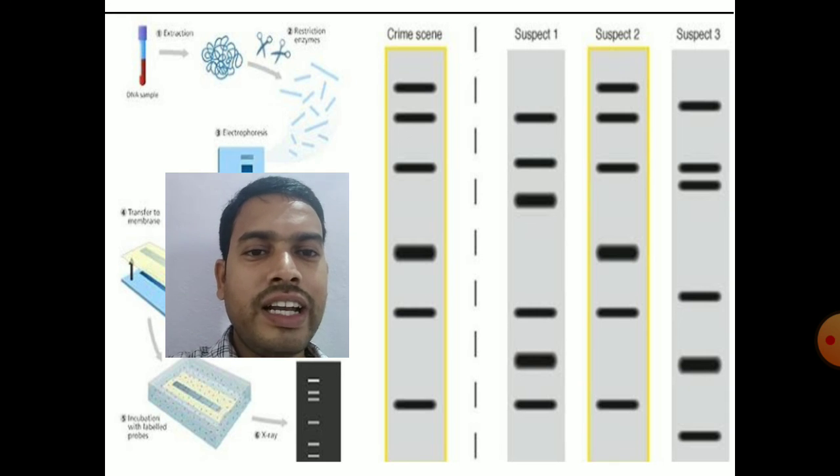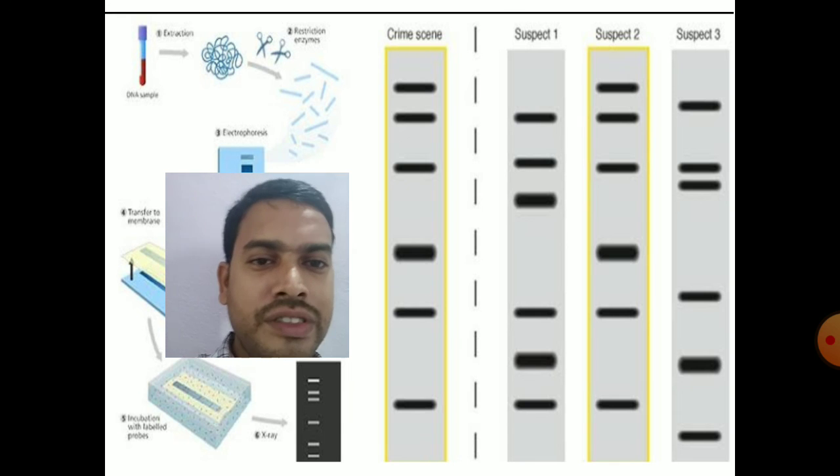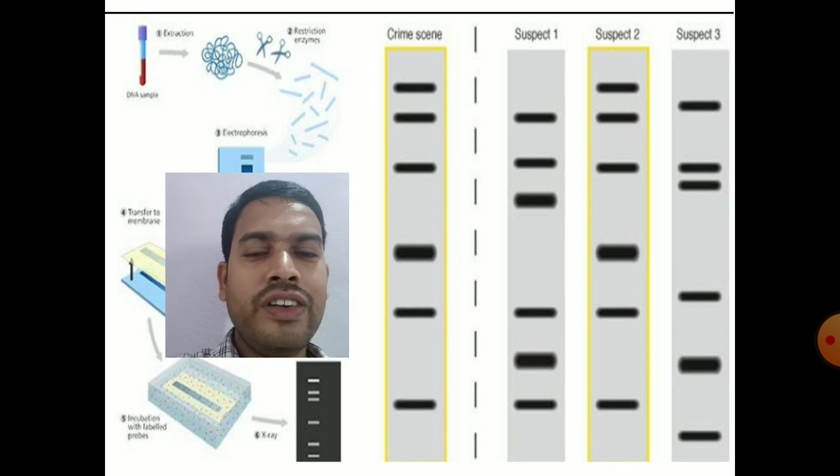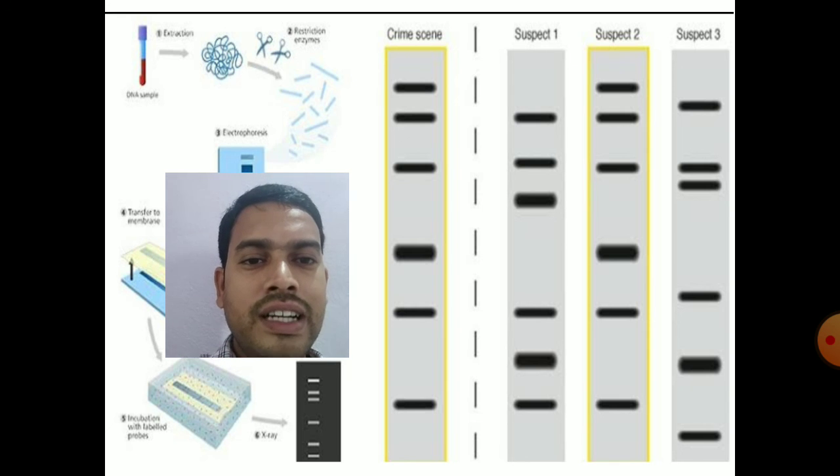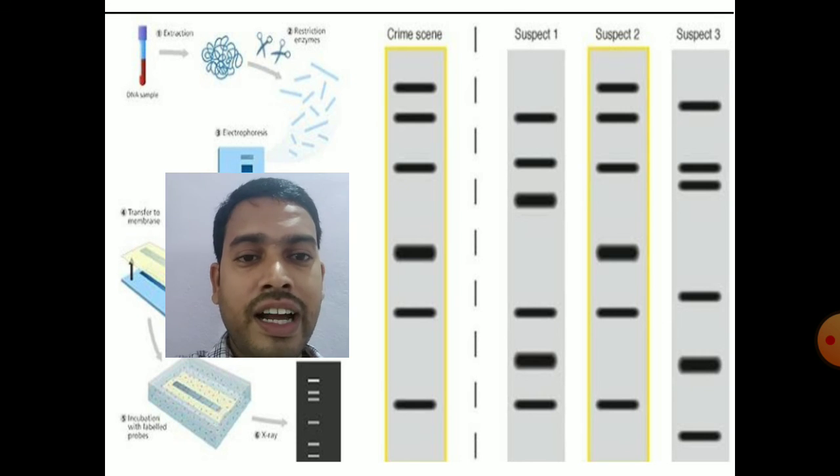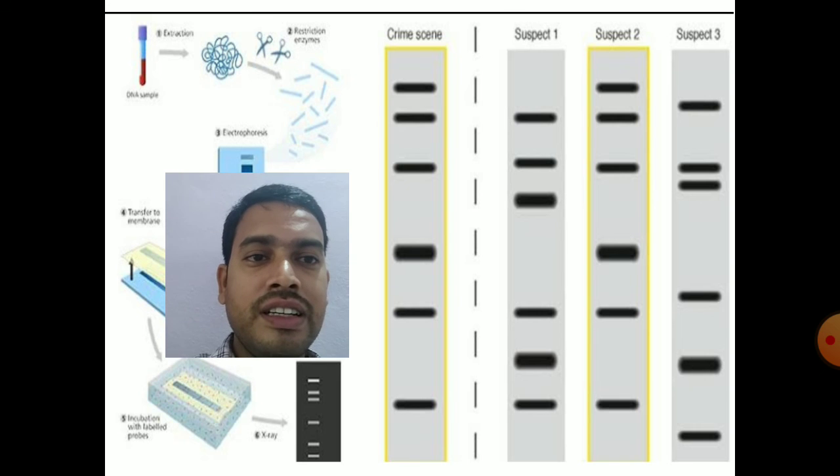Like this, you can identify paternal issues using DNA fingerprinting, and you can also use it as a taxonomical aid for studying the migration of species and identification of species.